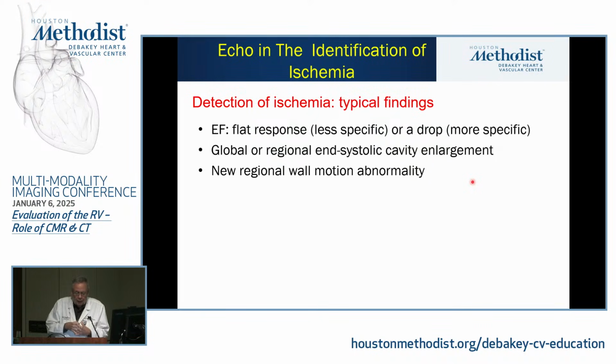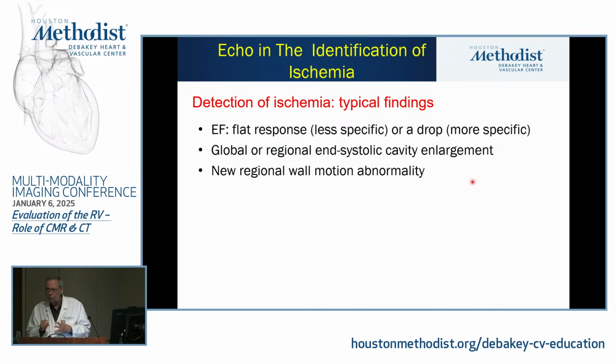It tends to go down if you have significant ischemia. It might be flat. The problem is that there are also some elderly patients that you put on a treadmill or a bike, and they still have a flat EF response with no regional abnormalities. So having a flat EF response without regional abnormalities is a challenge in terms of what do you say in your final conclusions.